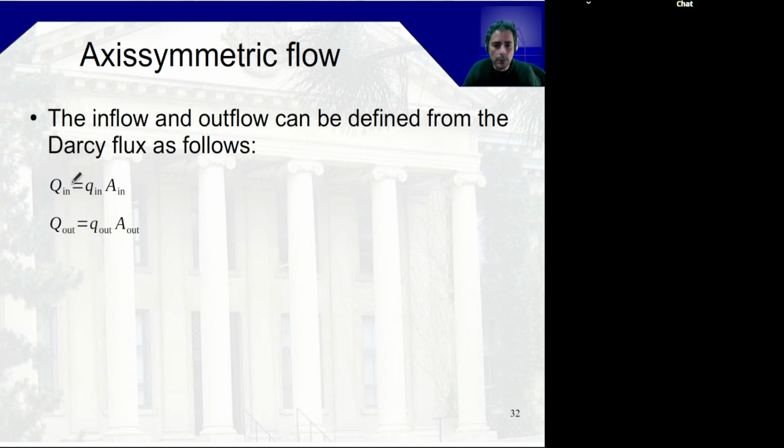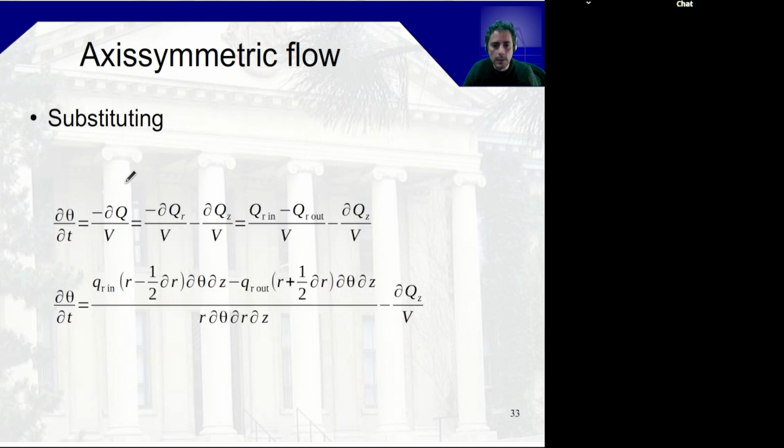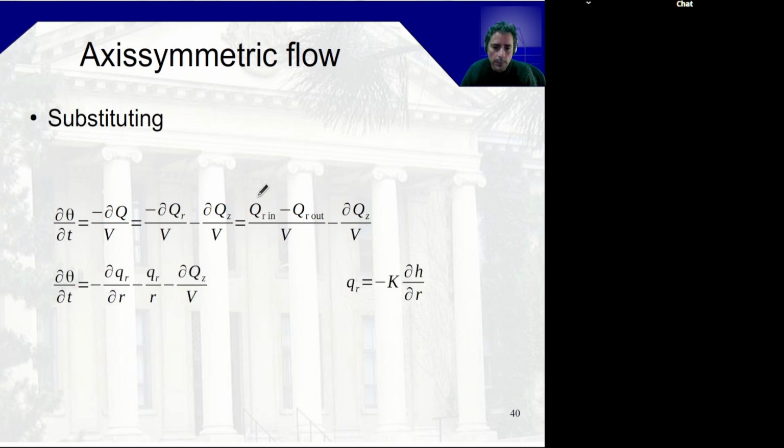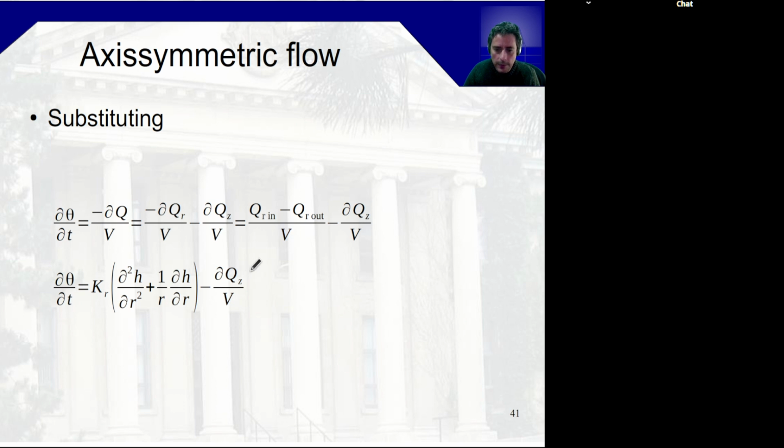So basically the flow going in is Q_in, and so you just substitute that into your equations. Okay, and you end up with the Darcy flux in the radial direction is minus K d theta dH over dr. But you also have an element in the Z direction.